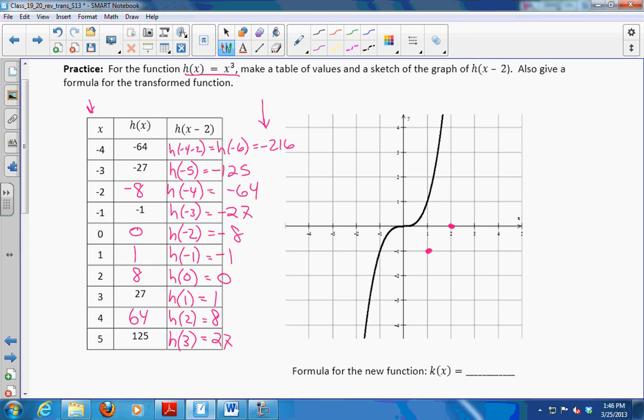And then I have 3, 1, and 4, 8, which is way off the graph, way up here. But I can already see the shape, right? This area in the center shifted to the right. So I've got something like this.